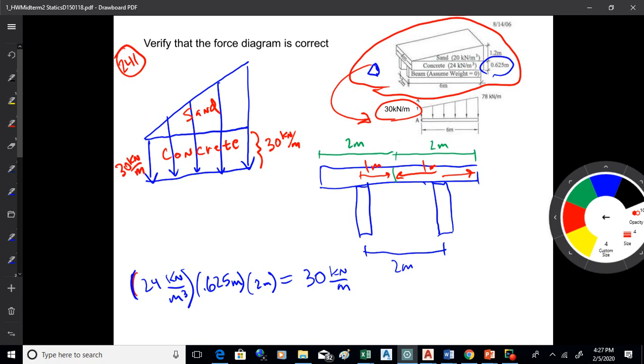So we good with that? That's like a load per unit length. Every extra meter of length of beam, you accumulate 30 kilonewtons more of weight, of load, as we call it. We good?